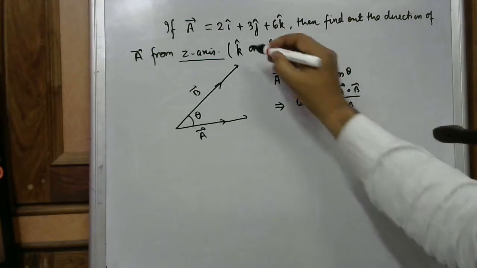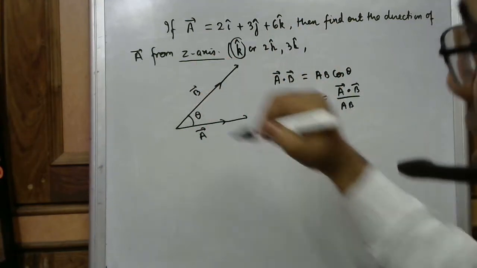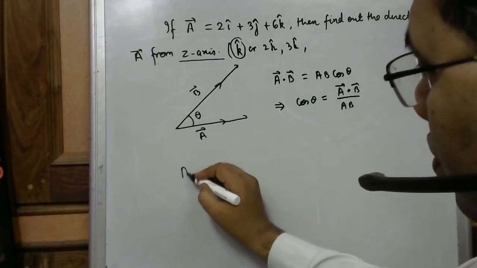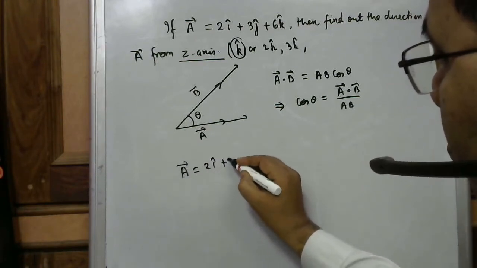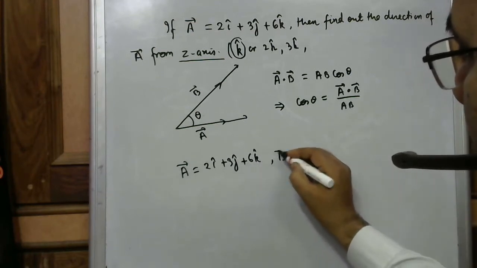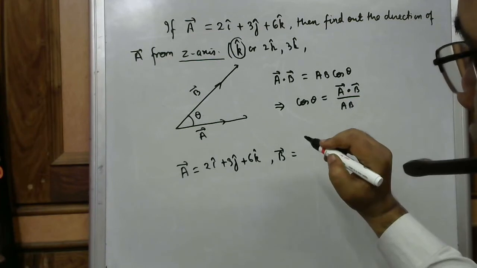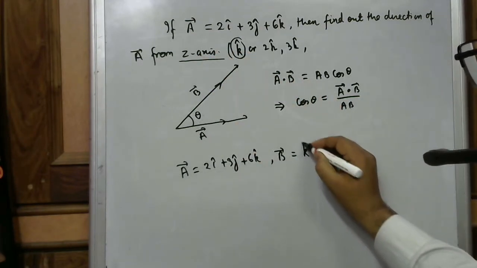For simplicity I am going to take k cap, which is the unit vector along z axis. So A is 2i plus 3j plus 6k cap, and another vector B which is along z axis is k cap.